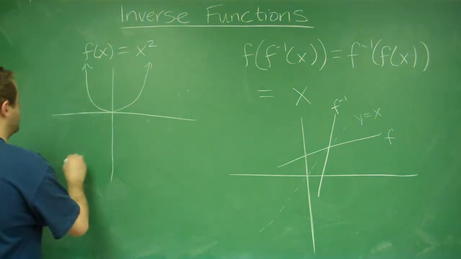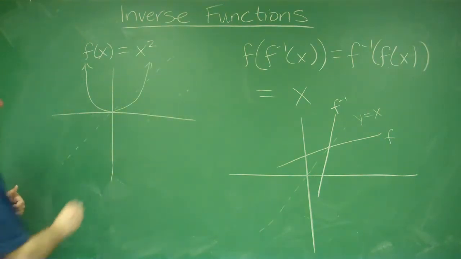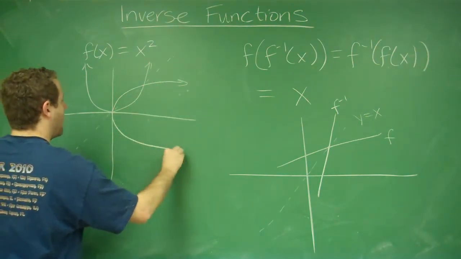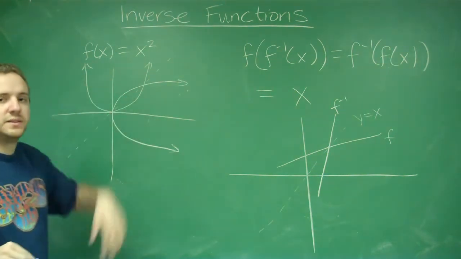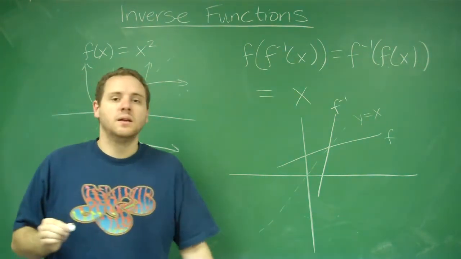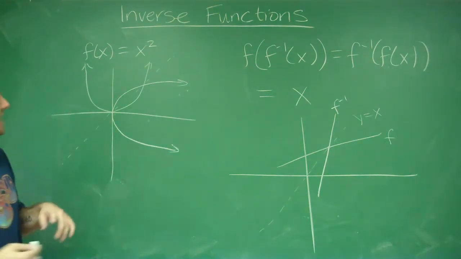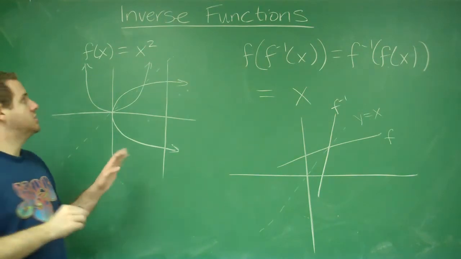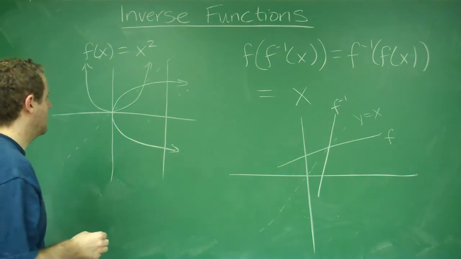Well, if we reflect this across the line y equals x, we're going to get basically a sideways parabola. Here's the problem though, that result that we just got, this sideways parabola, is not a function because it doesn't pass the vertical line test. So this function x squared actually does not have an inverse.